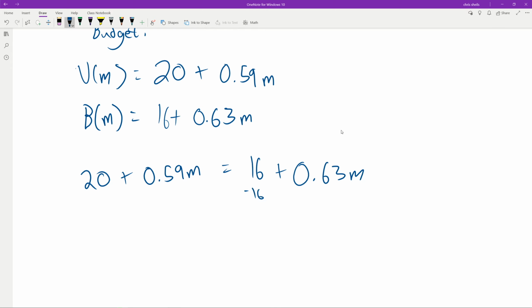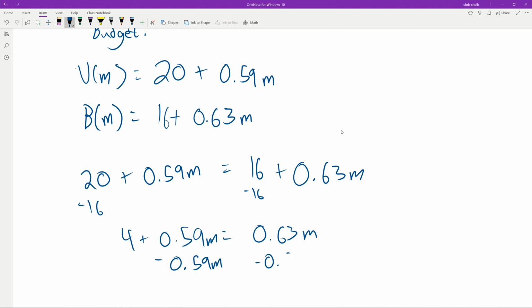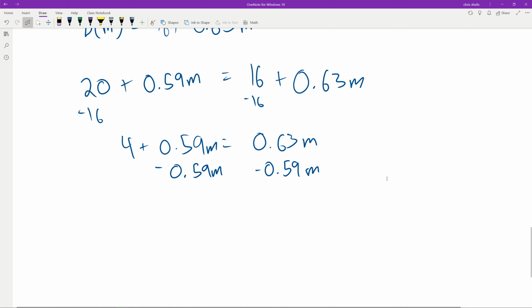Let's see. I can subtract 16 from both sides to get 4 plus 0.59M equals 0.63M. I subtract 0.59M from both sides, and I get 4 equals 0.04M.